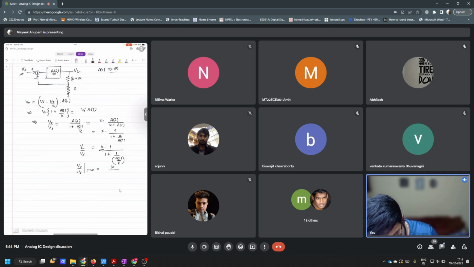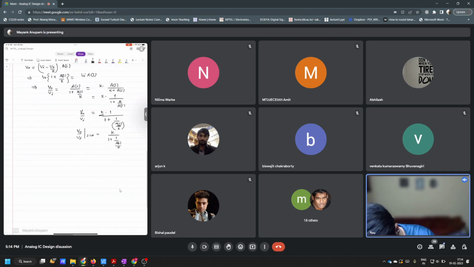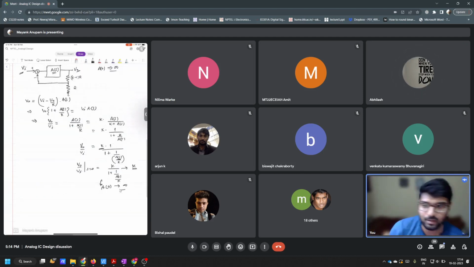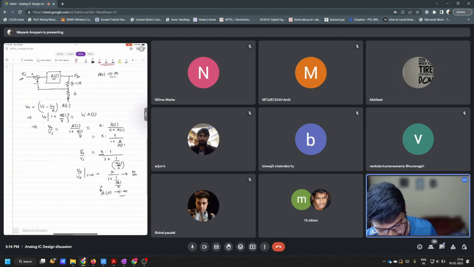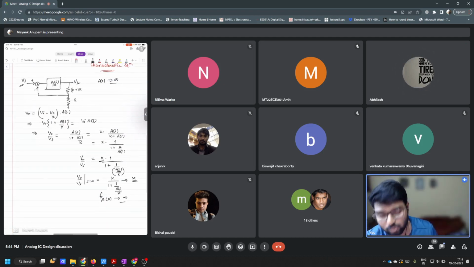It is simply K divided by 1 plus 1 over A of 0 by K. Now if A of 0 is infinity, then this will simply tend to K. So this is basically the ideal DC gain. K is the ideal DC gain from input to output.